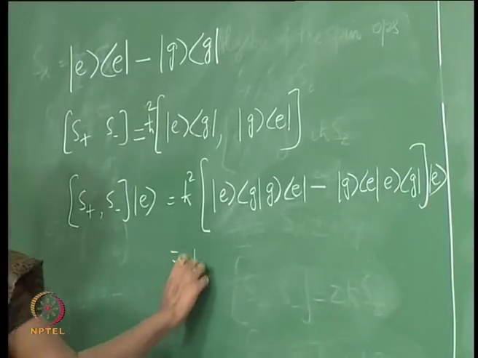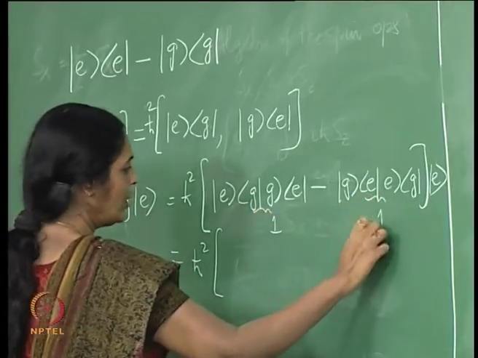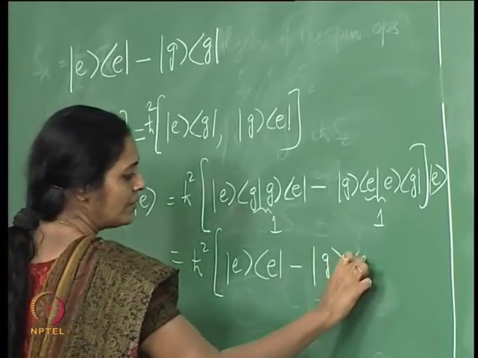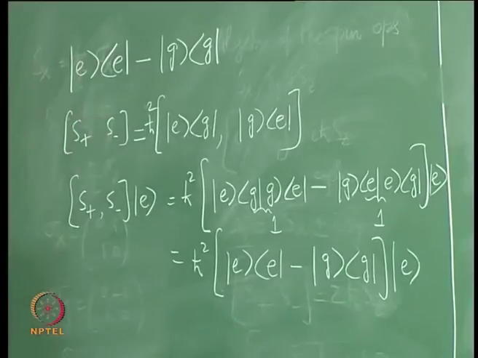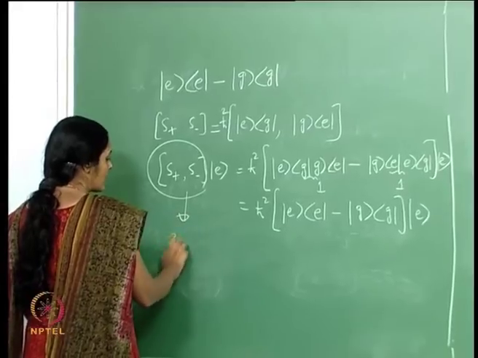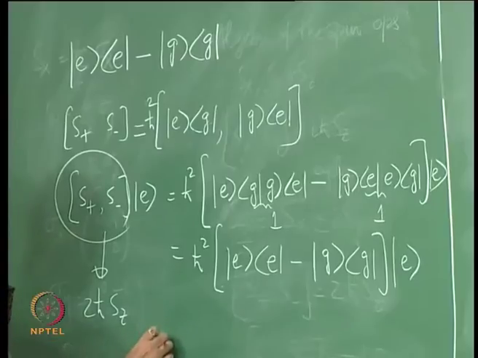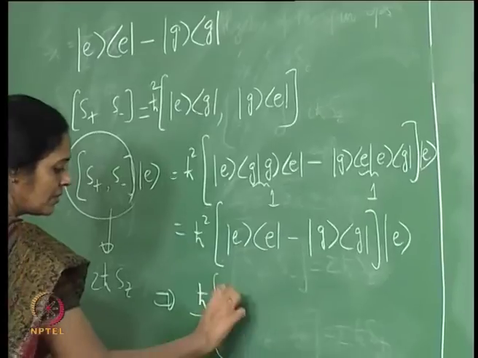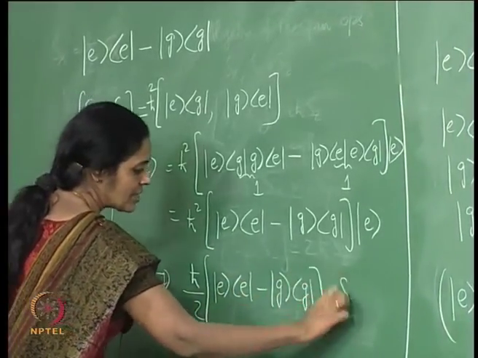So if we take a look at this, this is 1, this is 1, and I can write it as |e⟩⟨e| minus |g⟩⟨g| acting on ket e. And lo and behold, that's what I was trying to find. But I do know that this commutator of S plus and S minus is 2ħ Sz. And therefore, I understand that ħ by 2 times |e⟩⟨e| minus |g⟩⟨g| is equal to Sz.